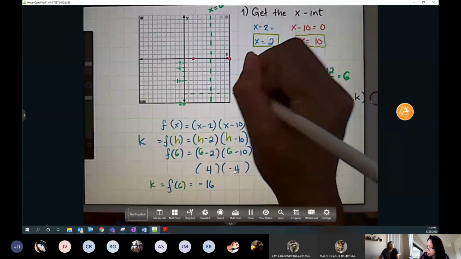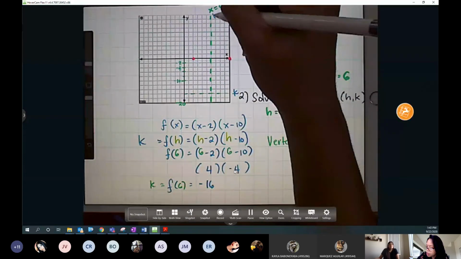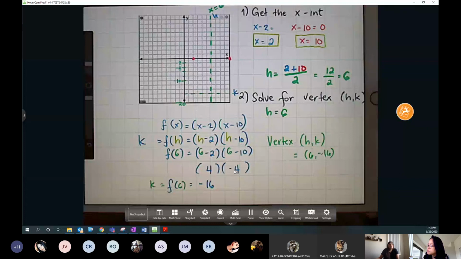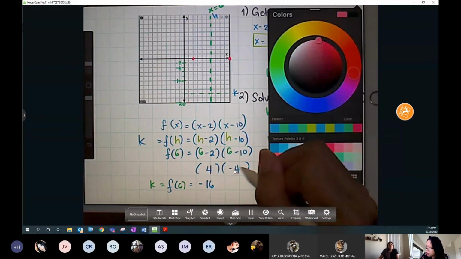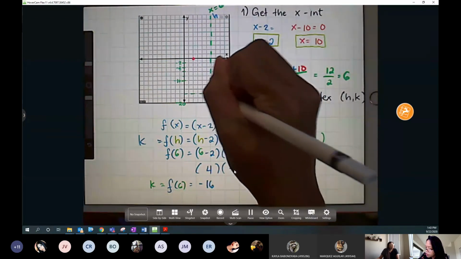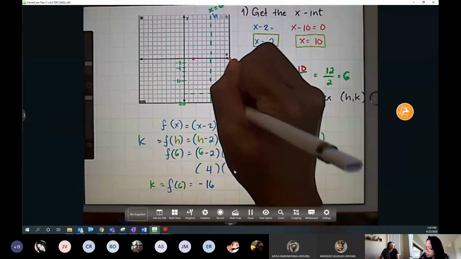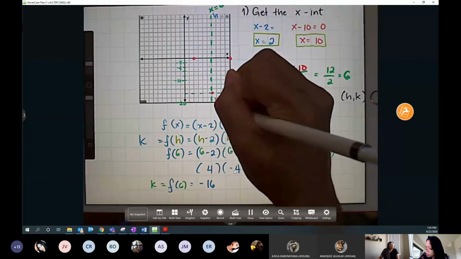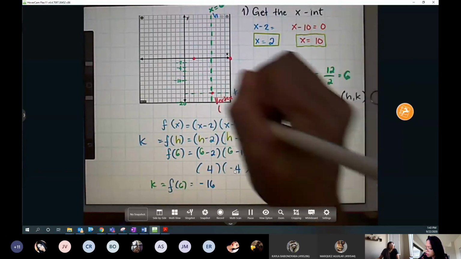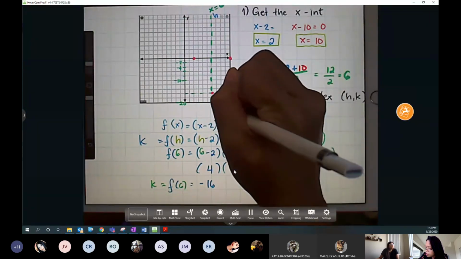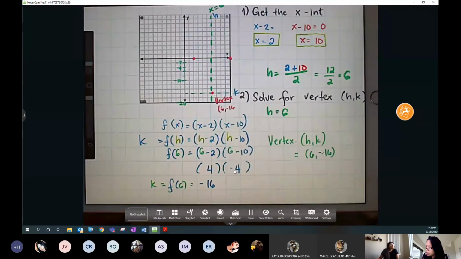This is your k, and this is your h. So here is our vertex. The negative 16.